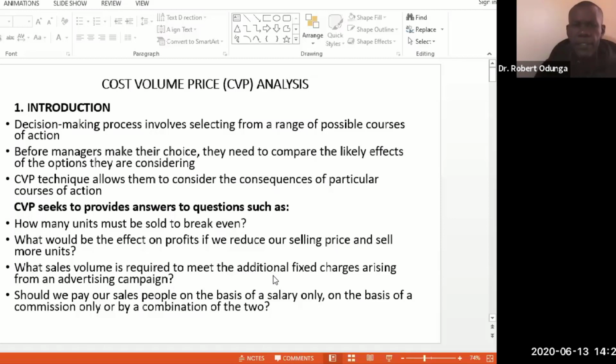Okay, so CVP analysis, cost, volume, profit analysis. Profit could be price. Volume is the quantity, and cost is what you're incurring to sell. So it can be looked at from that perspective, cost, volume, price analysis.